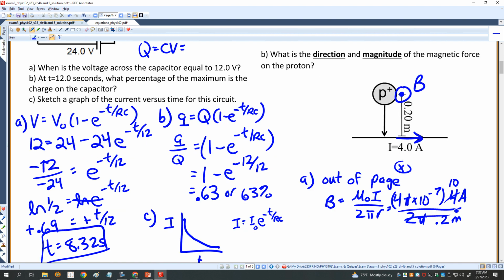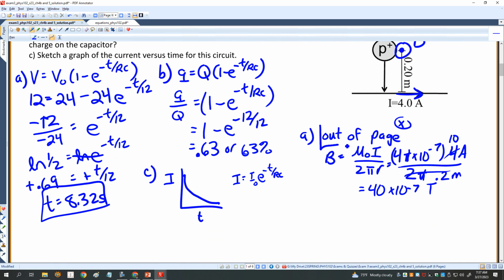So it looks like I have 40 times 10 to the minus 7 Tesla. Or what's that? Yeah, 4 microtesla. We'll just give it as 40 times 10 to the minus 7 Tesla. And now it's out of the page. So that's part of the answer, and this is the other part of the answer.